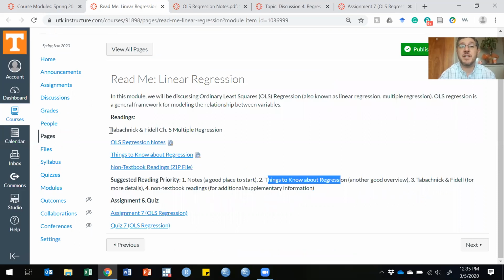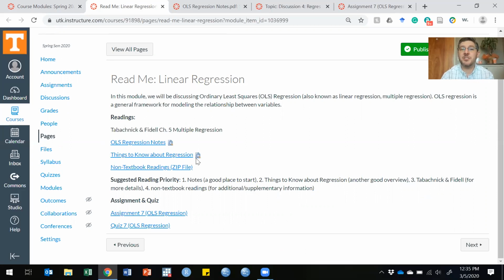The Tabachnick and Fidell chapter is a great overview. They go into a lot more detail. You can see the math that's going on behind the scenes also in that chapter, and the things to know about regression gives you some of the formulas in there as well.